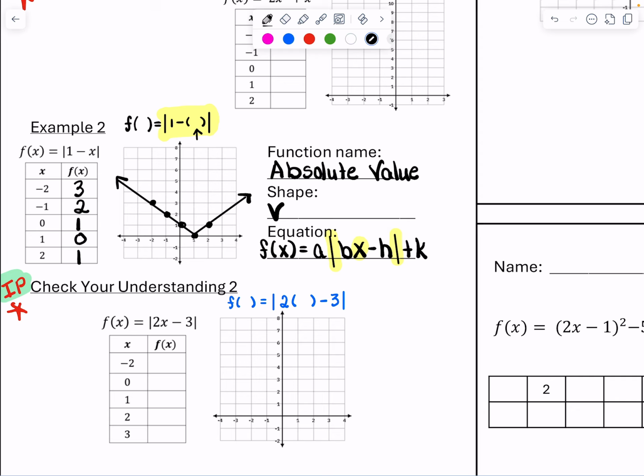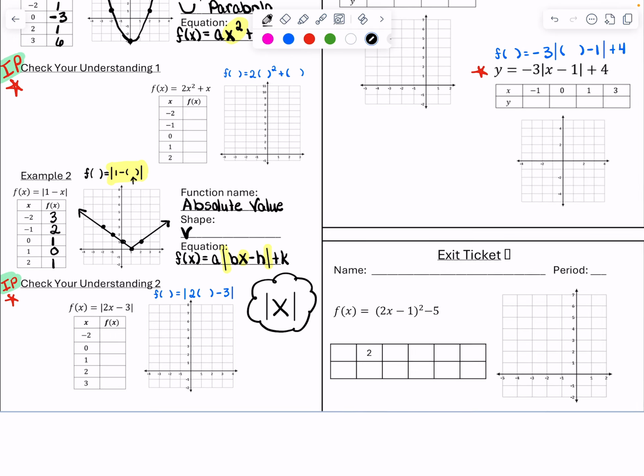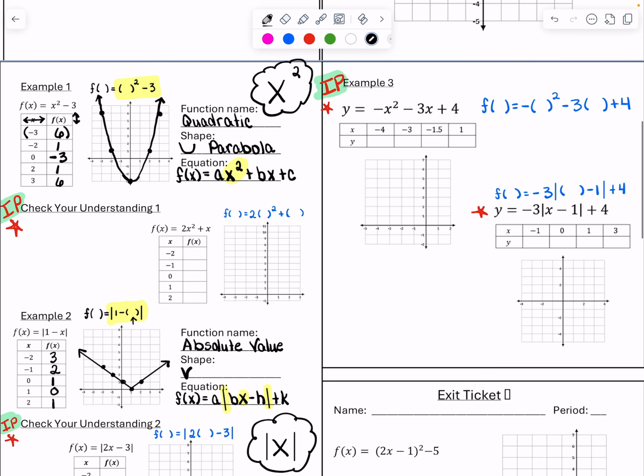So here, to give myself a hint, if I have x inside the absolute value bars, I can expect that it's going to make a V shape. Okay? All right, then there's check your understanding 2 is your homework, as well as example 3. There's 2 problems there. So 4 examples for you guys to do before class tomorrow.